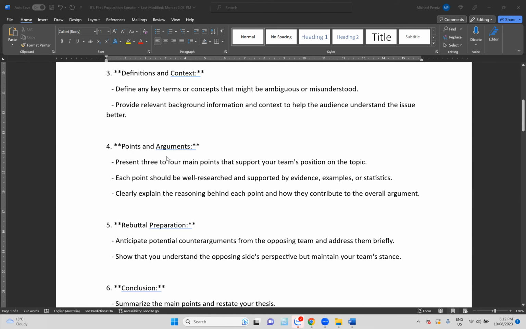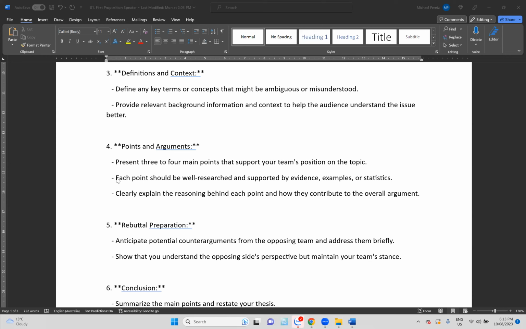So we've gone through points and arguments. And if we notice there, we've given the three or four main arguments to support our team's position. We've provided evidence, although in your speeches, you should definitely have more evidence that you can cite and talk about.